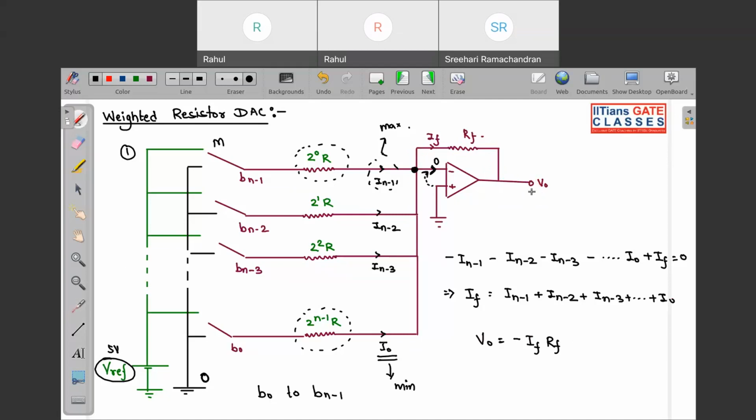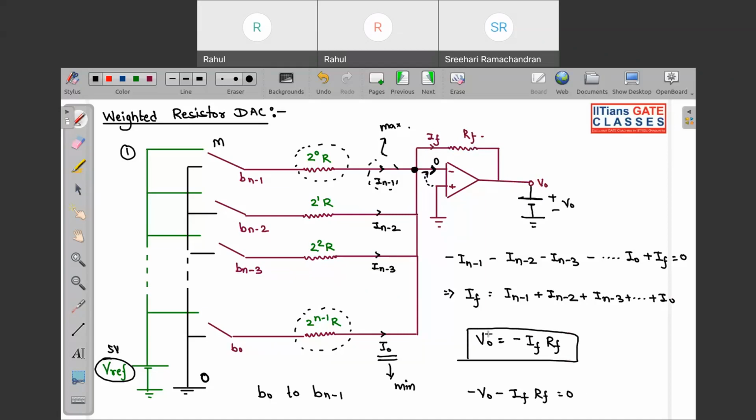If you apply KVL, starting from here, minus V naught, and we are moving in the opposite direction of the current, so that will be minus If Rf equal to 0. So you can see we are getting the above expression.